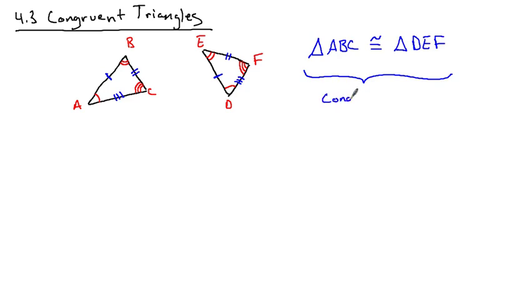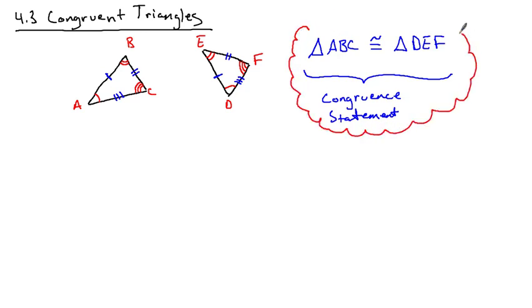This is called a congruence statement. So in your assignment and your work or on your test, don't be that kid that gets embarrassed and has to come up and ask me, Mr. Lewis, what is a congruent statement? It's this. This is a congruent statement. It's when you say two things are congruent and you list out all their little parts.